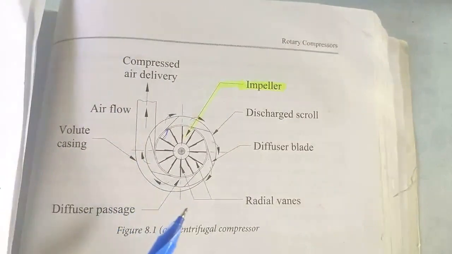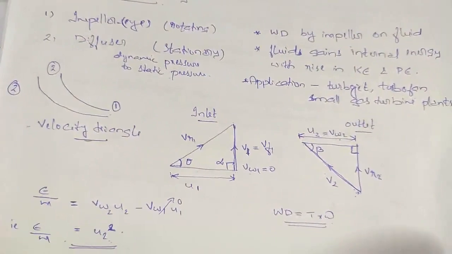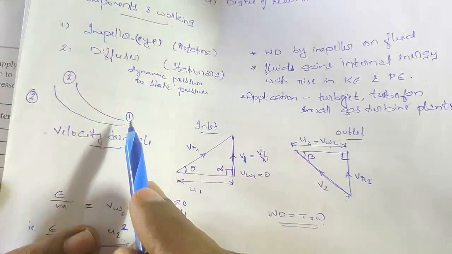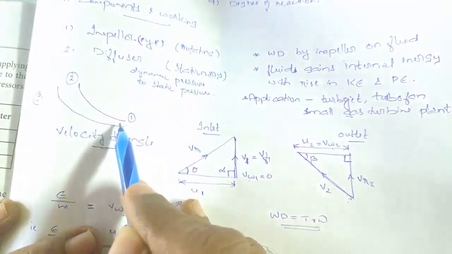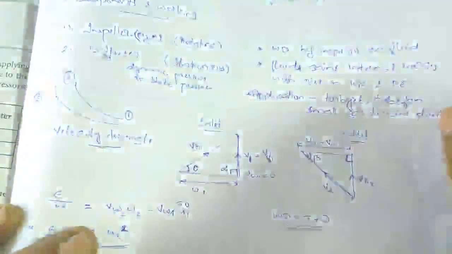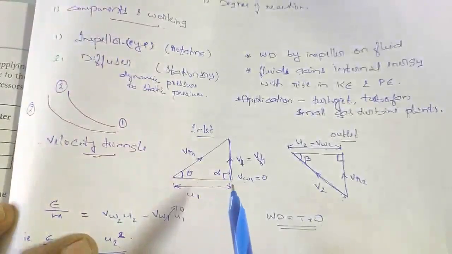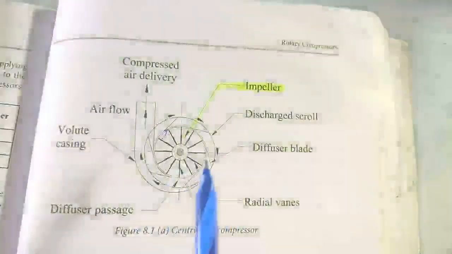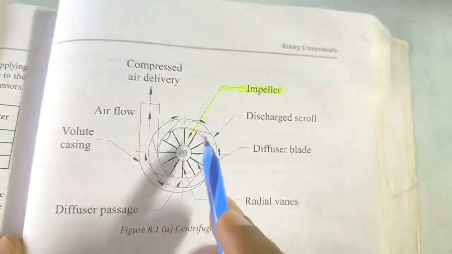If we analyze the inlet and outlet velocity diagrams, it will be like this. The air is entering the impeller axially, and the shape of the impeller is such that the air will leave the impeller radially. The inlet velocity triangle is such that as the air enters axially, it is in a direction perpendicular to the rotation of the impeller.